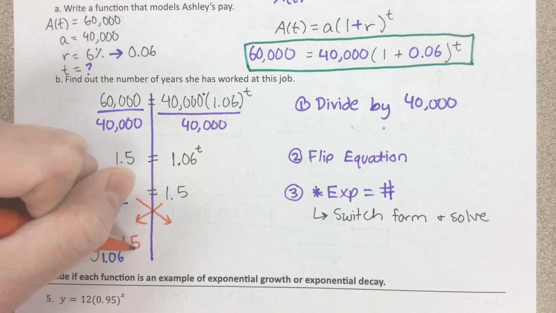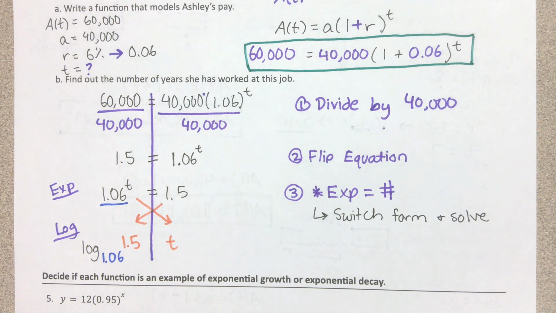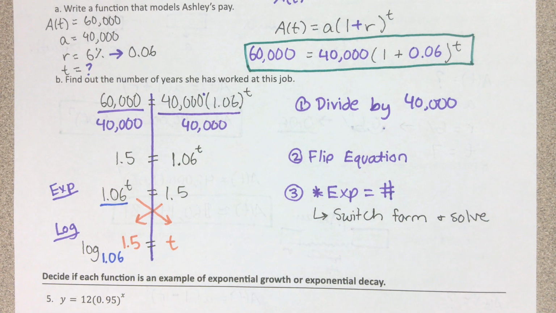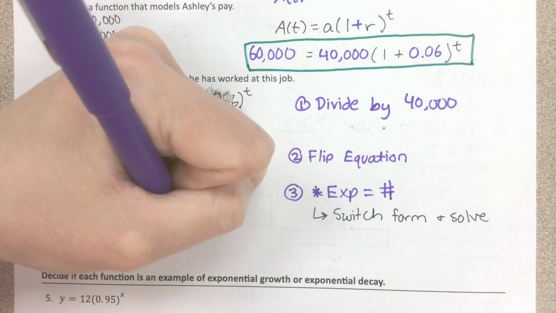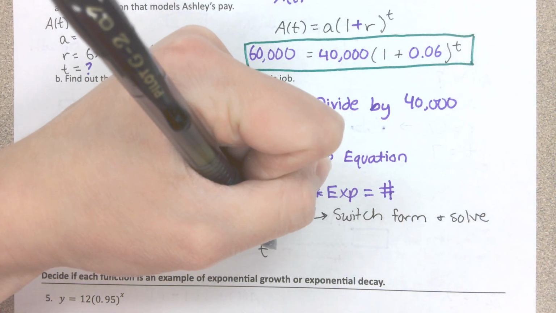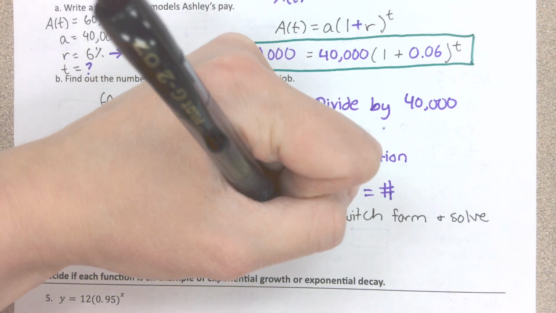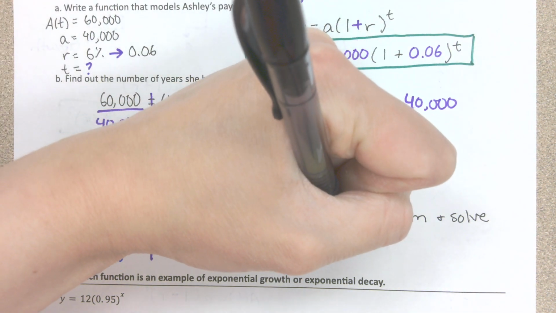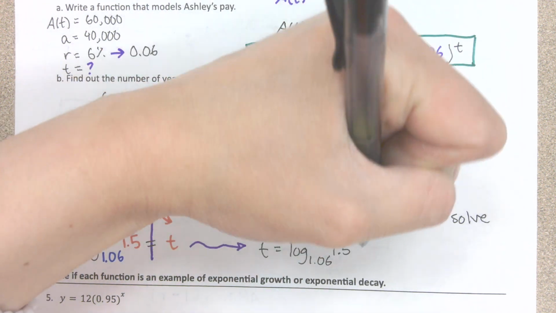So 1.5 over here and t on the right side. Now we are basically done. I'm just going to get my answer. And I'm going to flip this around. So we have t equals log base 1.06 of 1.5.